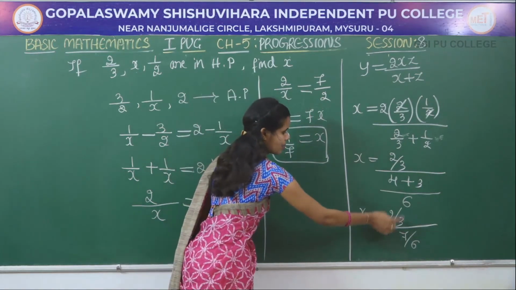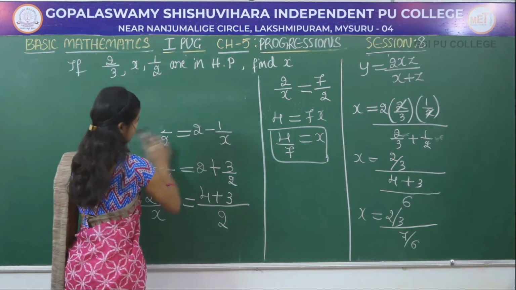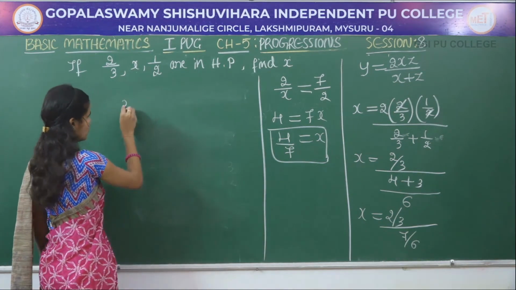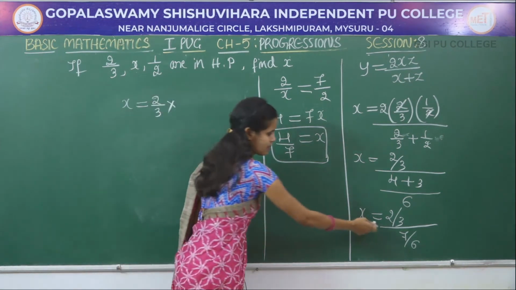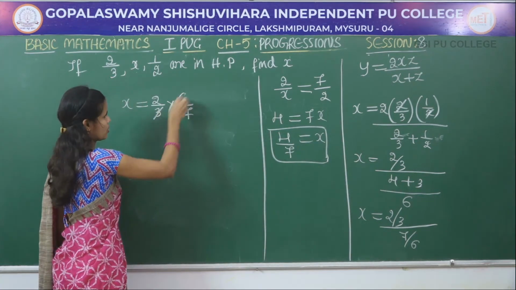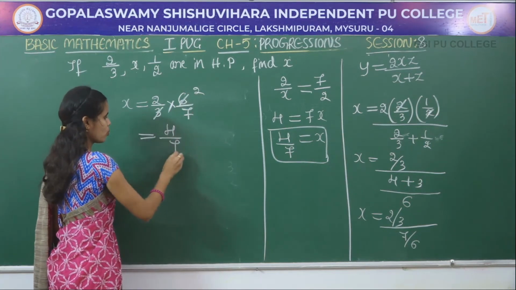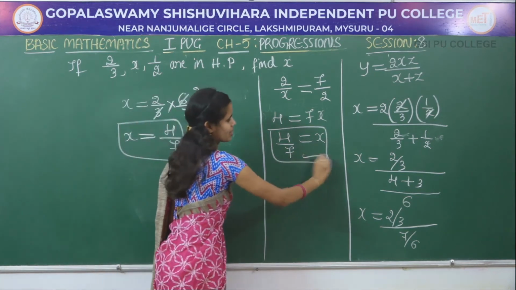Next take this term into the numerator. So, we get x is equal to 2 by 3, and 7 by 6 becomes 6 by 7. So, 3 2s, 2 into 2, 4, 4 by 7. Therefore, x is equal to 4 by 7.